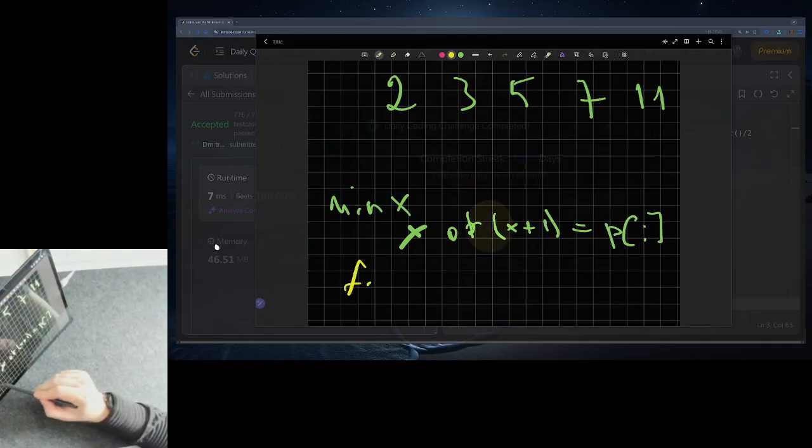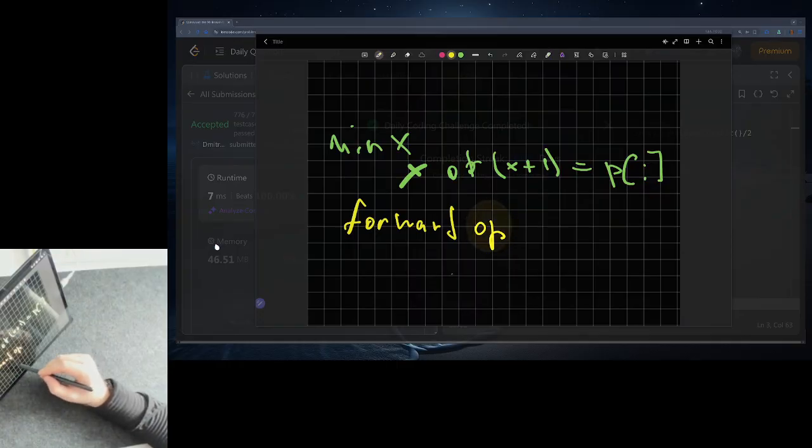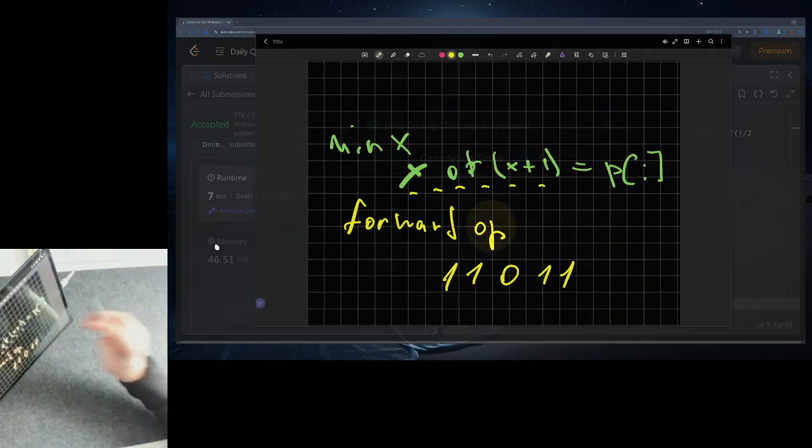The forward operation is, let's consider some number, not exactly prime, the x OR x plus 1.